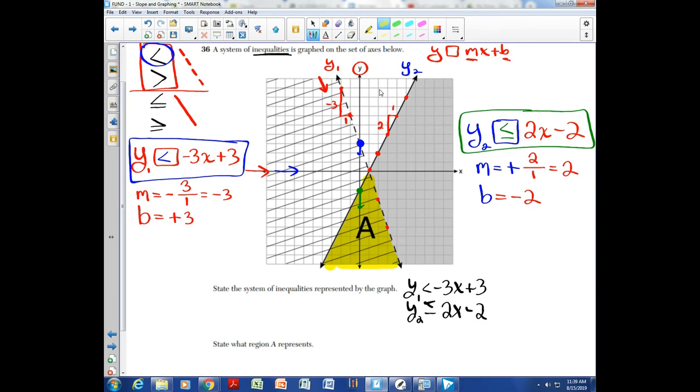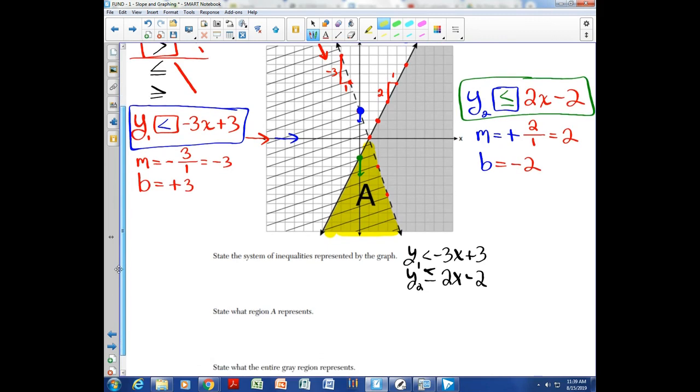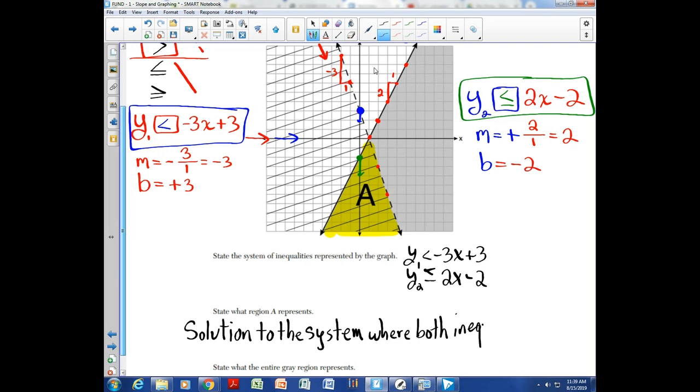Well, therefore, region A is the solution to the system where both inequalities were true.